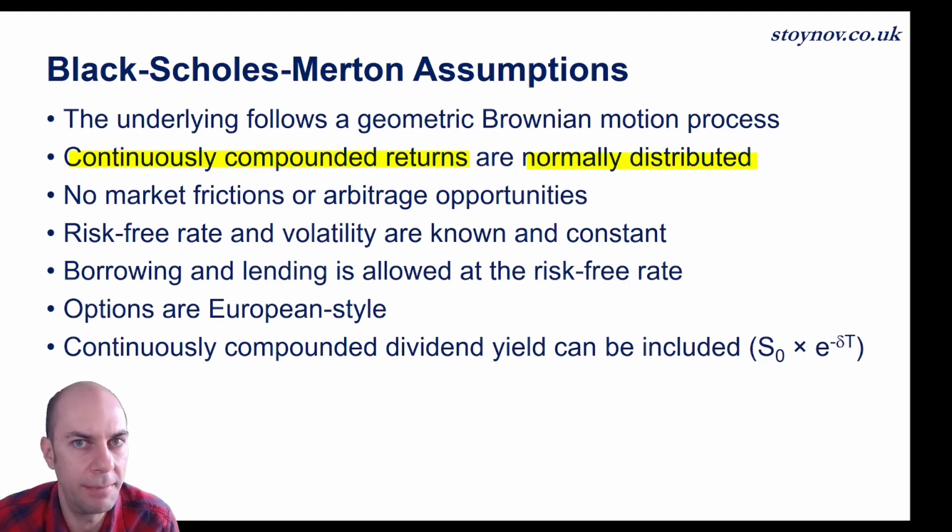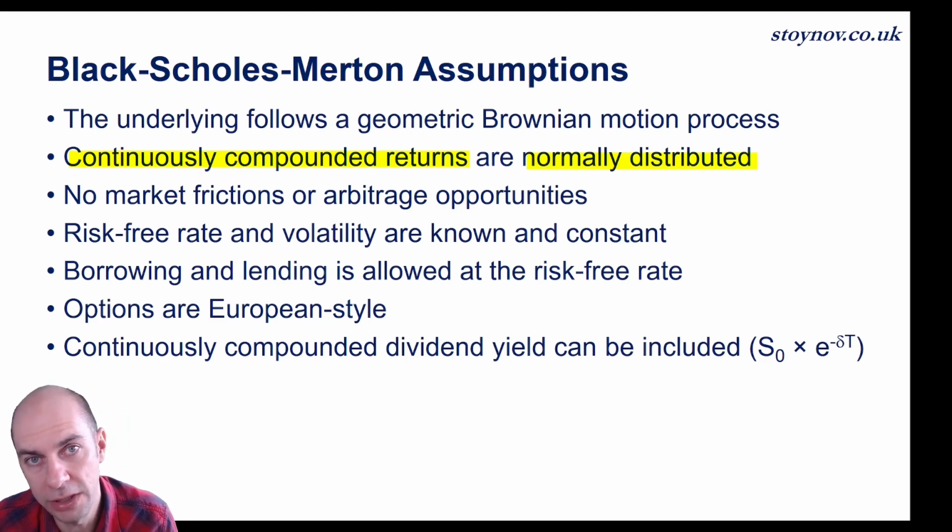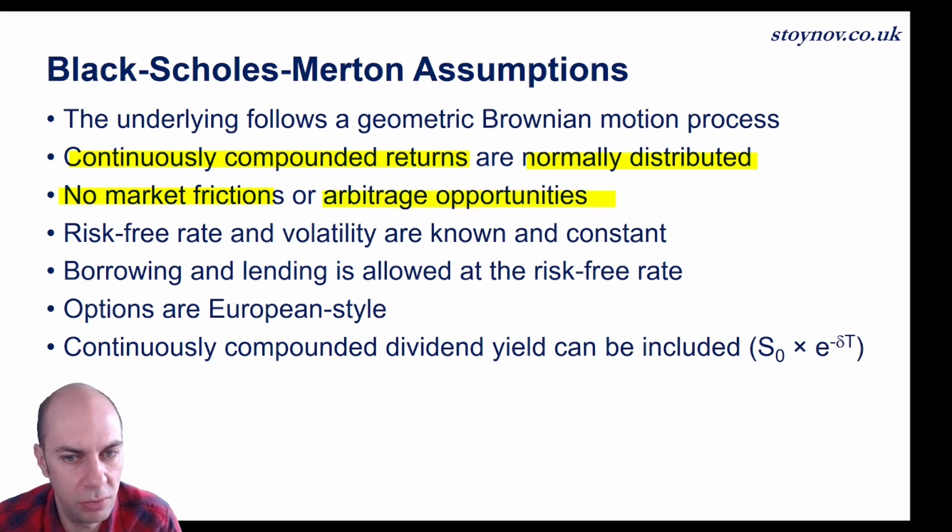If they ever talk about the actual asset price, that's log normally distributed because, of course, the asset price cannot go below zero. There are no market frictions. That simply means we assume that we're not paying taxes or commissions, and also there are no arbitrage opportunities.